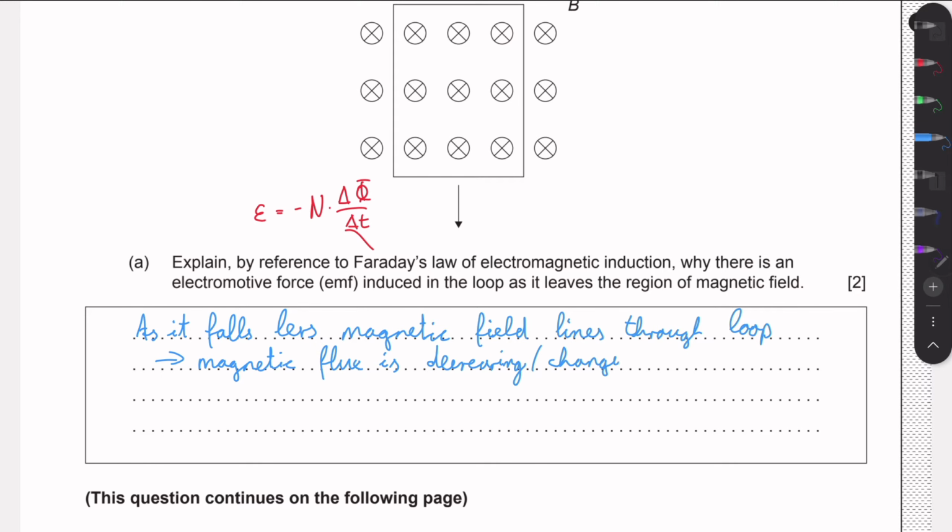There's a changing magnetic flux. And so, according to Faraday's law, there is going to be an EMF induced. An EMF will be induced. And yes, so that is going to be the reasoning.